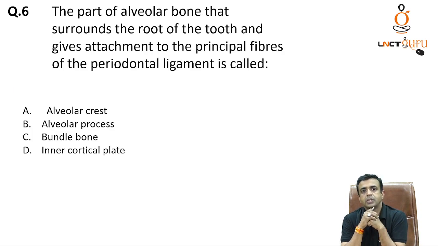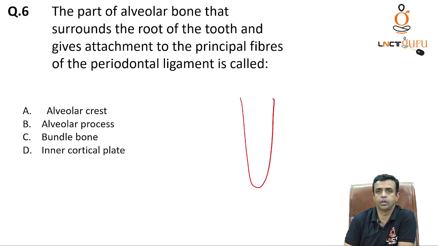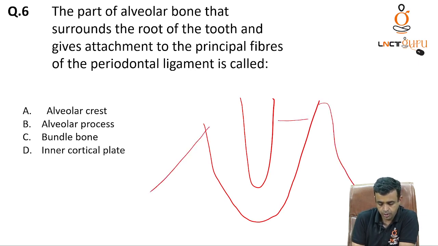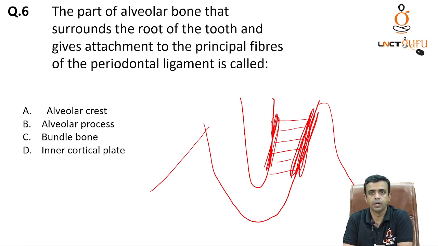Question number 6. The part of alveolar bone that surrounds the root of the tooth and gives attachment to the principal fibers of PDL is called. First of all, see, this is your root. This is socket, or this is the alveolar bone. These are PDL. So PDL, on one side they are inserted into cementum of the root. On another side they are inserted into the alveolar bone. What is alveolar crest?